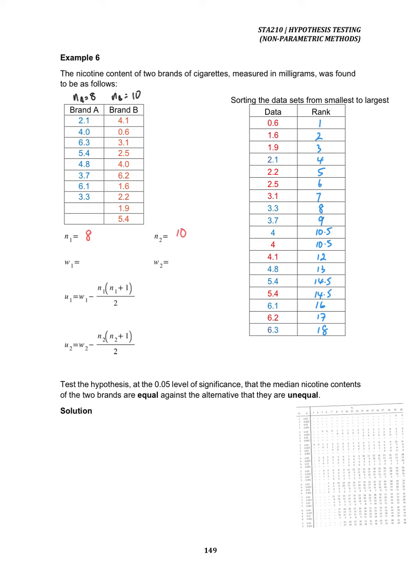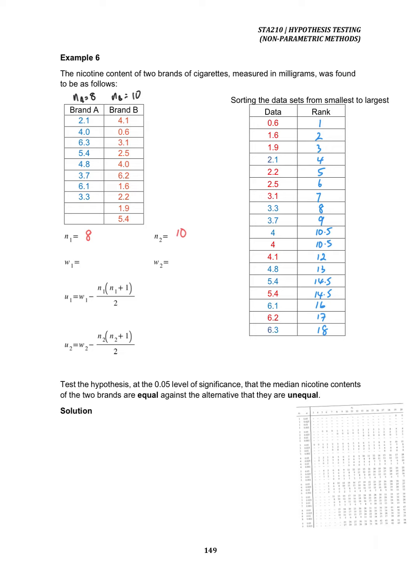So saya differentiate these two populations by using, satu, untuk brand A saya guna blue font, and two, saya guna red font. So saya akan add upkan dahulu untuk dataset yang berwarna biru, dia punya ranking.